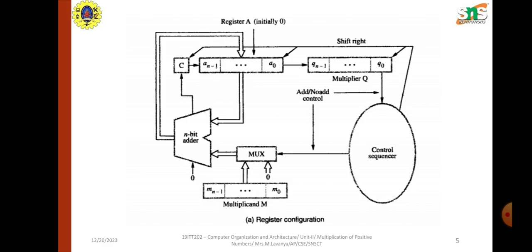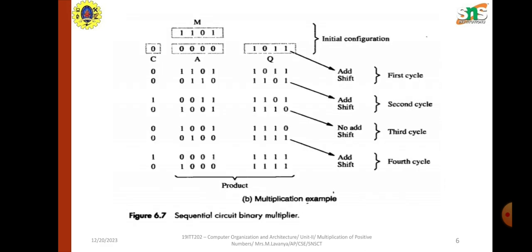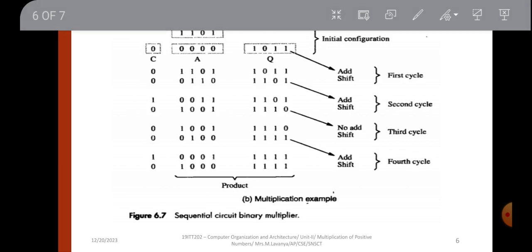First let's see how to perform the operation and solve the problem under the sequential method, and let's look at this diagram. This is the sequential representation. Starting, as said, we are considering the two numbers 13 into 11. 13 is the multiplicand and 11 is the multiplier.